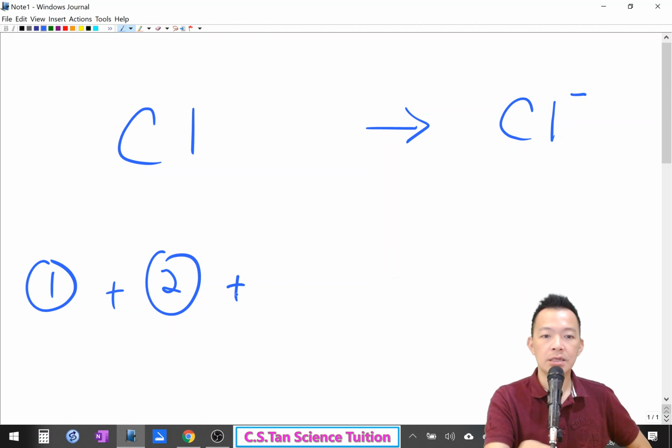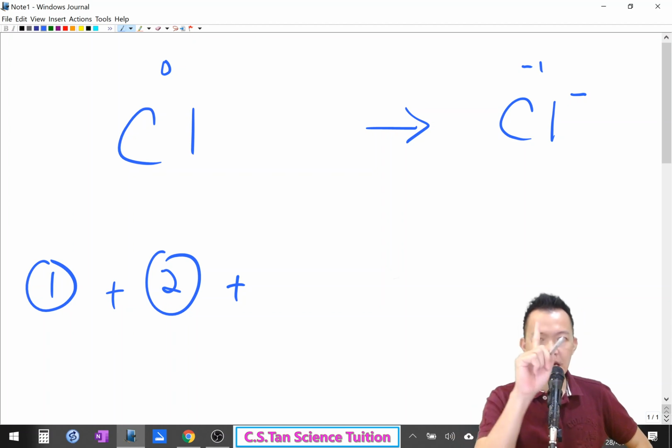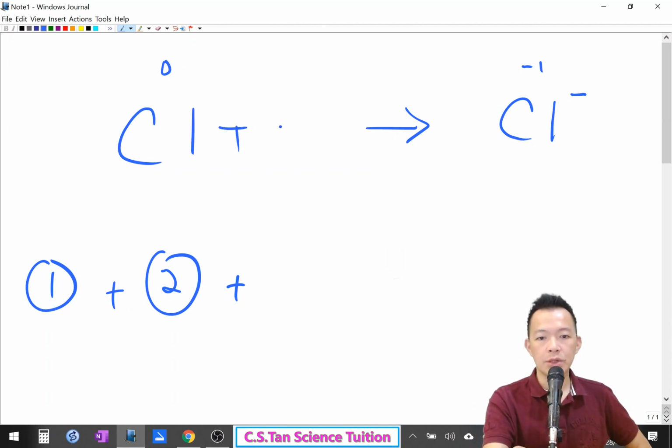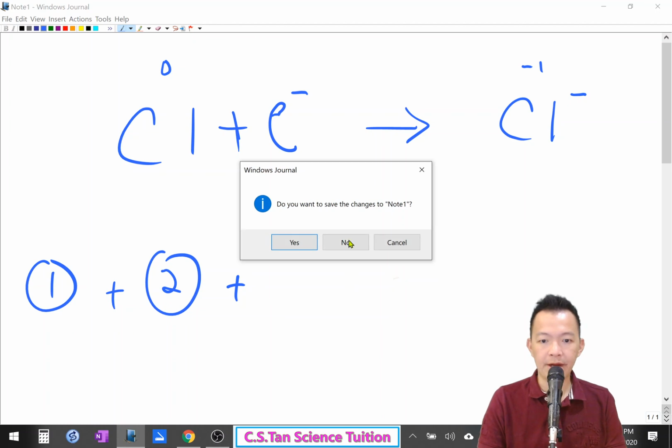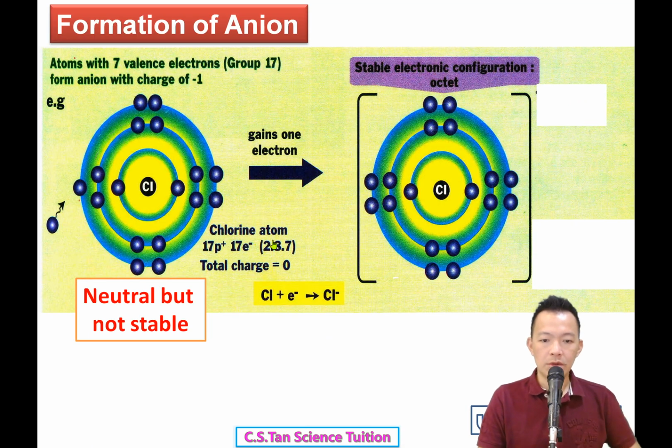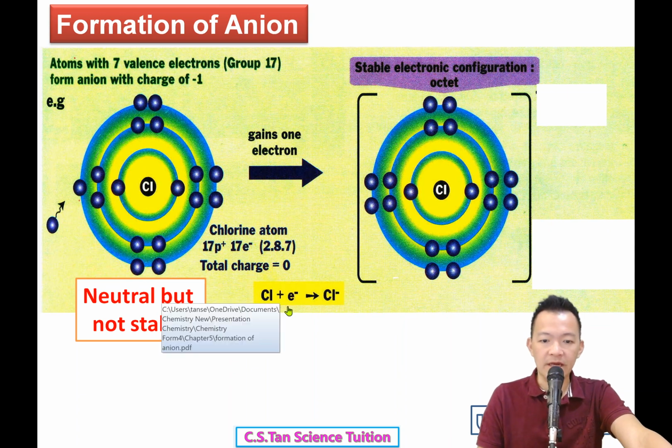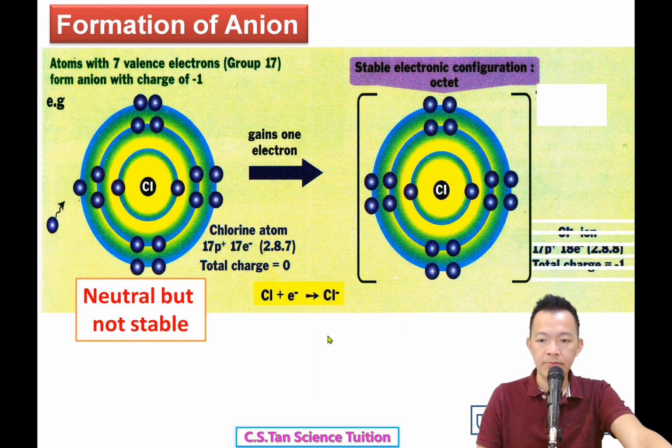And how about the charge? Chlorine atom charge 0, chloride -1. How to make the charge equal? Add electron only. So chlorine gains 1 electron and finally becomes chloride, making itself stable. So chlorine atom gains 1 electron to become chloride.